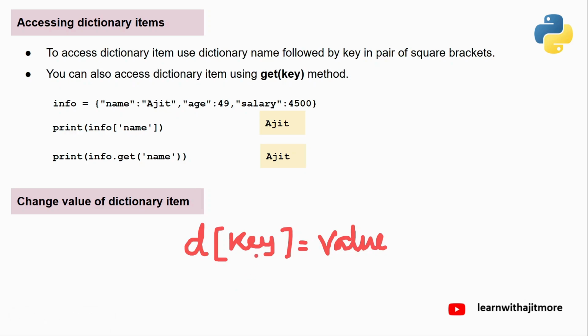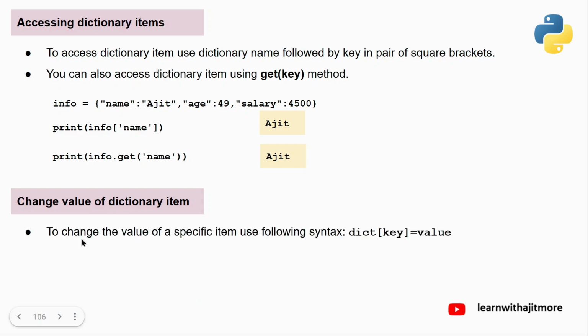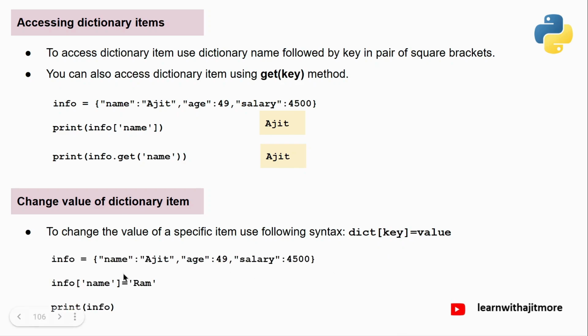So if this key is existing, no problem. Its old value will be changed with this new value. And if the key doesn't exist, it will add this key and this value as a new key value in the dictionary. So to change the value of a specific item, use following syntax: your dictionary object square bracket key equal to value.